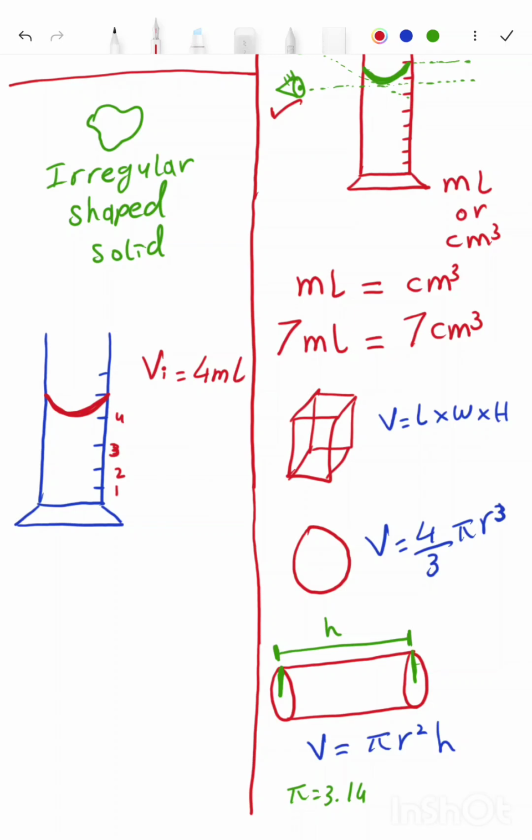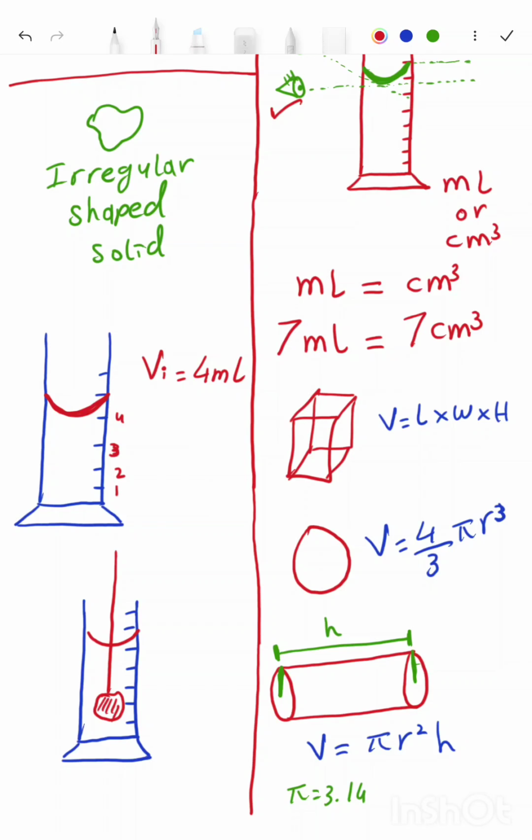After that I will put my irregular shape object in the same cylinder with the same liquid. What I am going to observe is that the water level rises as I put my irregular shape object inside the liquid with the help of a string.